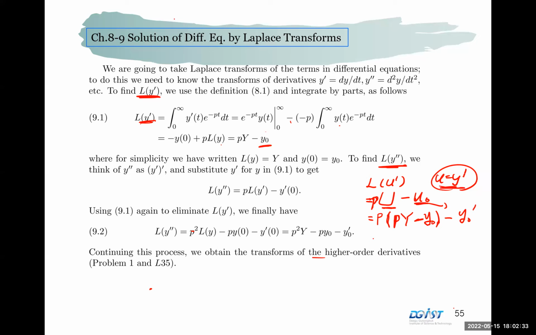So now we have P squared Y, P y0 and y prime 0.